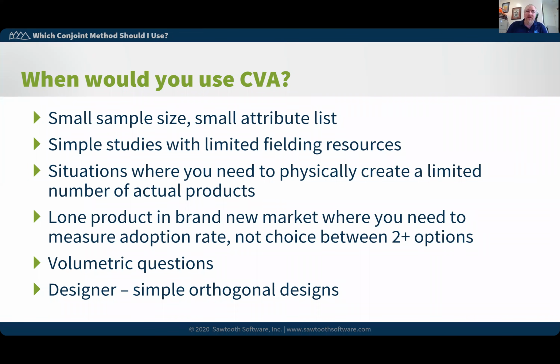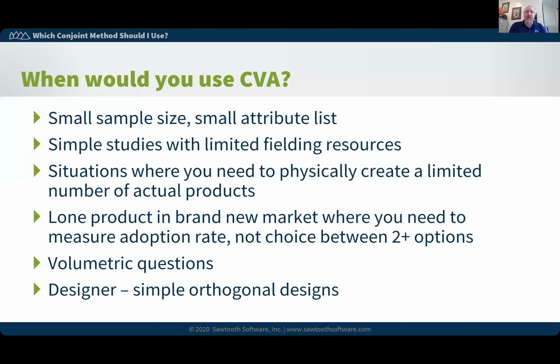In some situations, you can do that as a choice-based. We'll talk about that later. But in certain situations, you may be better off asking a how-likely-are-you-to-adopt question, where you have a 0 to 100 scale, or an I would not adopt, I might adopt if other people do it too, or whatever type of scale. You show them one option at a time, and then they tell you whether they would adopt it or not.